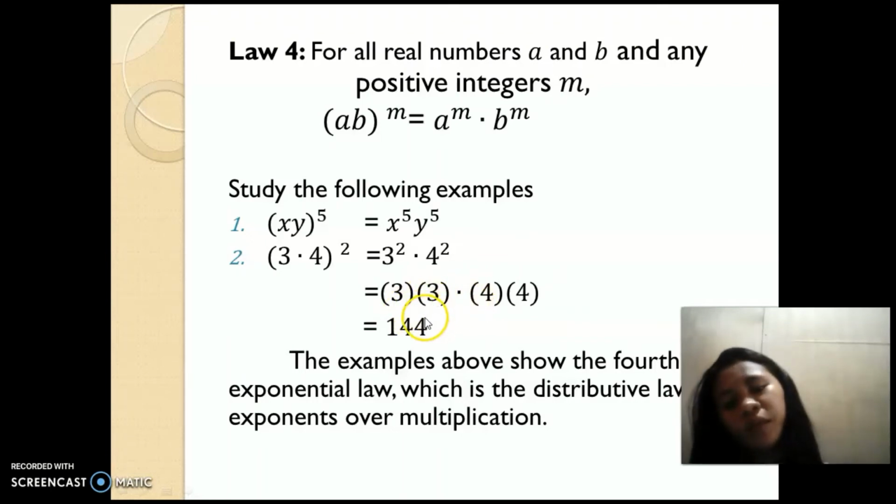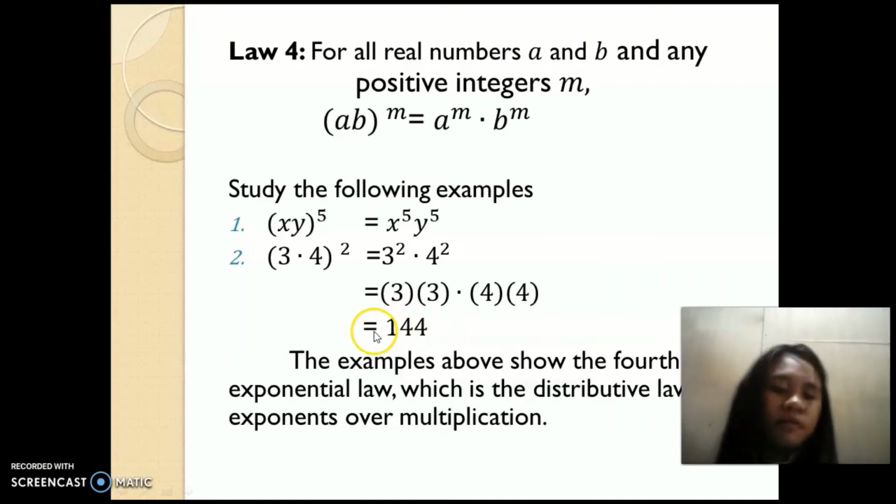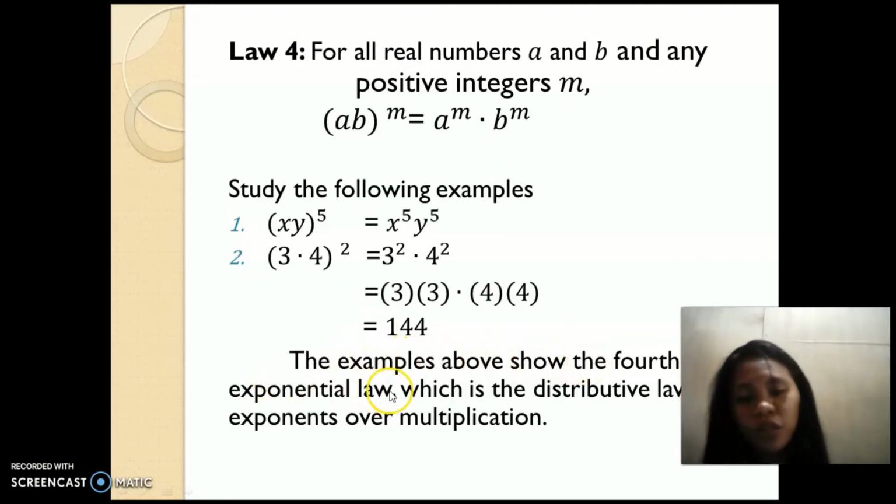If we multiply, we have 144. The example above shows the fourth exponential law, which is a distributive law of exponent over multiplication.